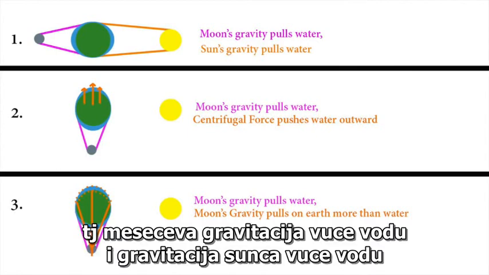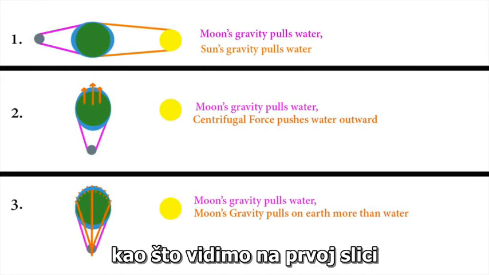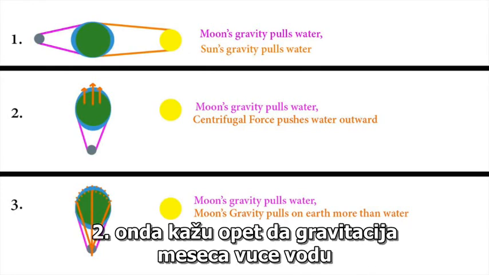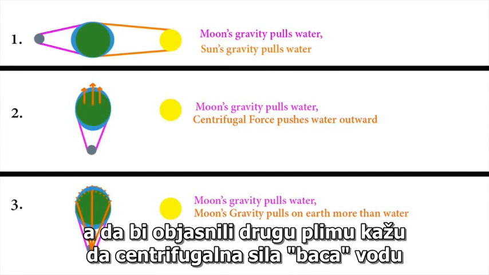The first one is the moon's gravity pulls on the water, and then the sun's gravity pulls on the water. That can be seen in our first diagram. And then they say the moon's gravity pulls on the water once again. But then to explain the other high tide, they say it's centrifugal force pushing the water outwards.